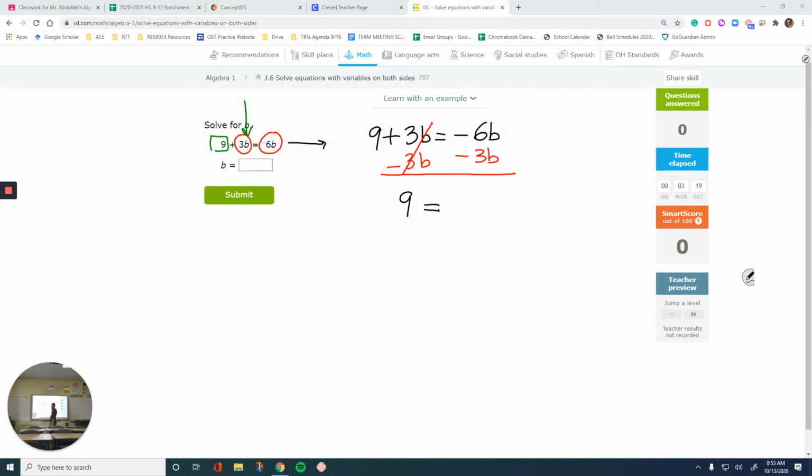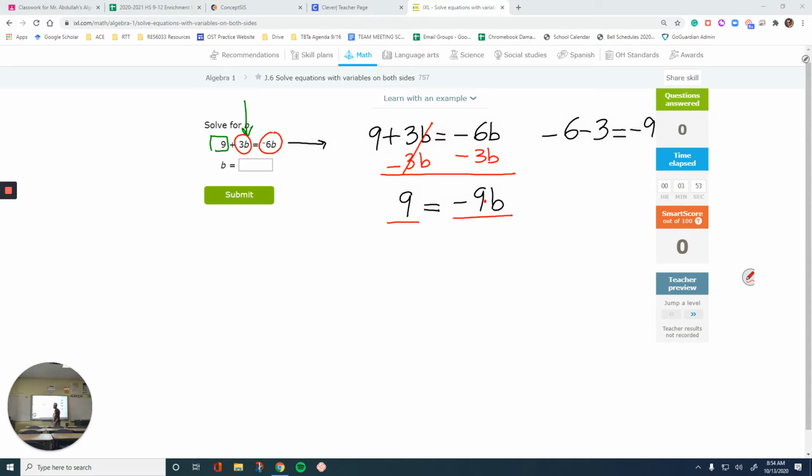Negative 6 minus 3. If you can see that it is going to be 12, then that means you're on the right track. That's not 12. So it's negative 9. So that's how many b's we are going to have. Negative 9b. Now remember what we were supposed to do. We were supposed to get the b by itself. That's my variable. So right here it is multiplied. That means I need to divide each side by this number.